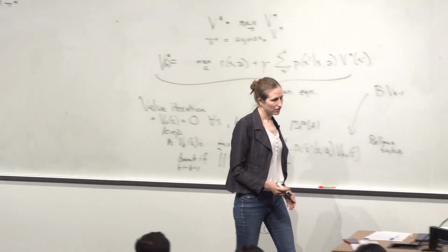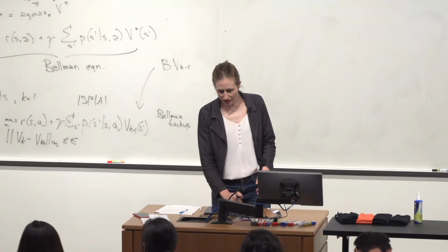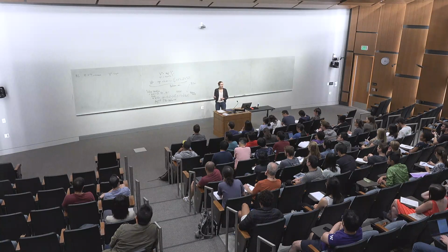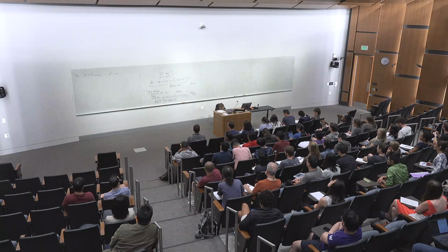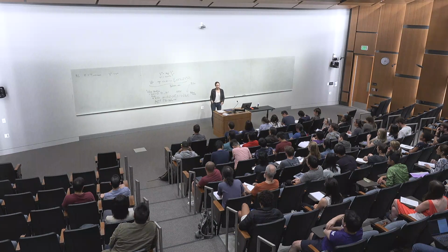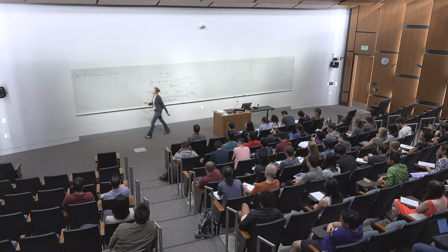I think for this case, it's useful to start by thinking about how we do evaluation, meaning how we simply compute the value of a particular policy, and then once we can do that, we'll do control. So I'll just rewrite what those definitions are.